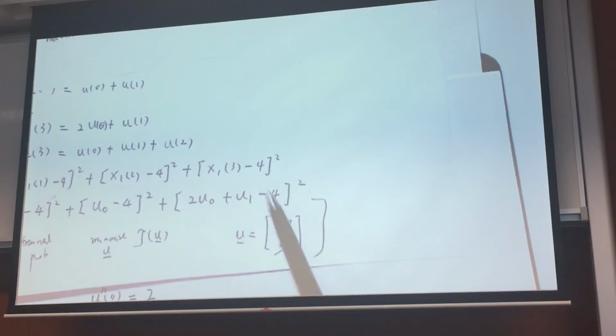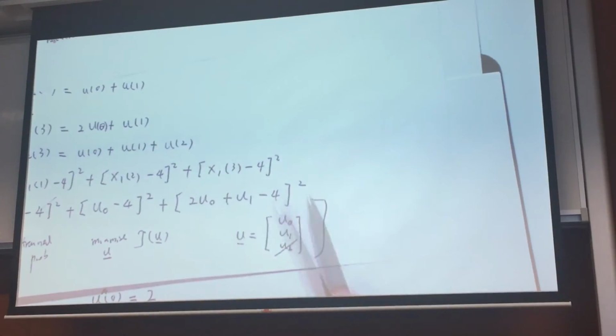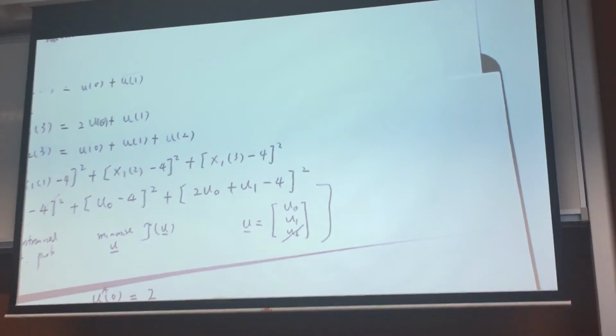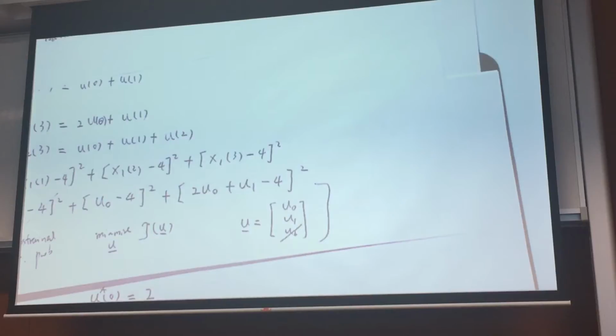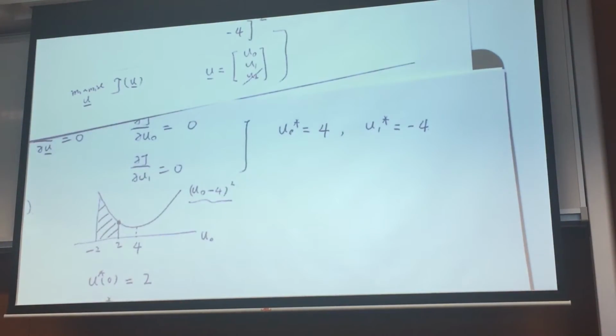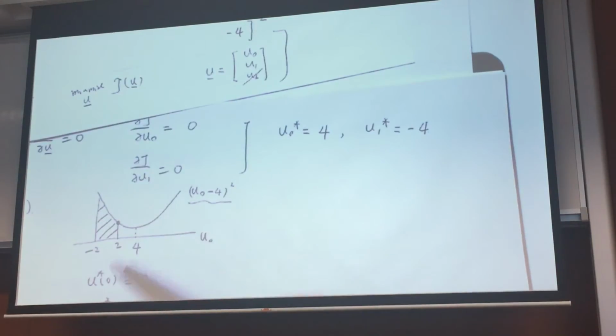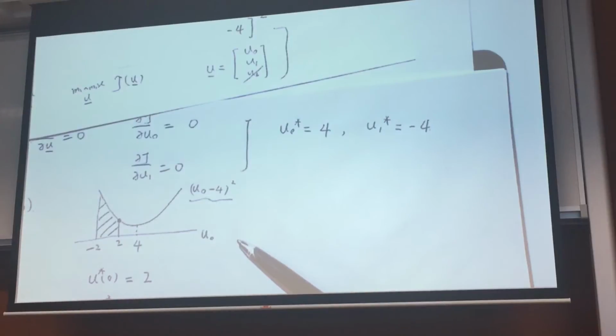So 0 is the global minimizing point for this function. In this case, u1 star is given by 0. Okay, so this is the solution to part B. So these are 4 marks in total.